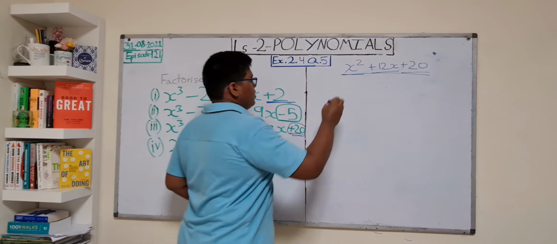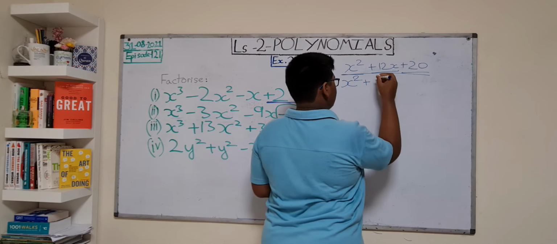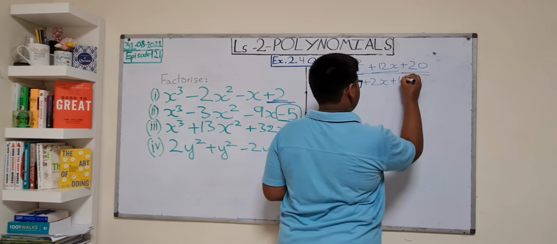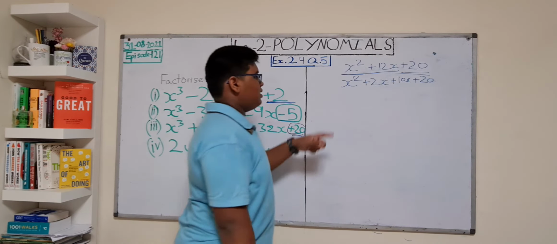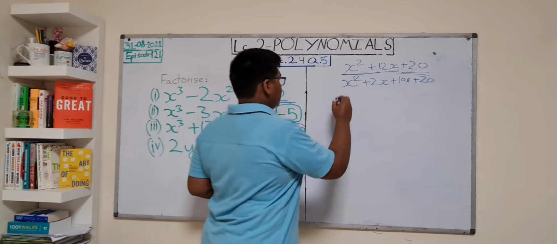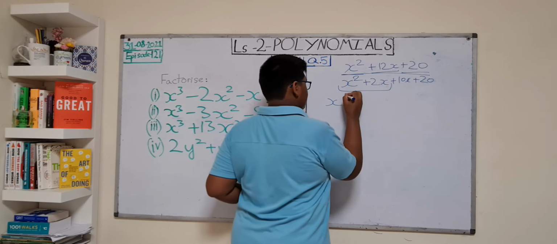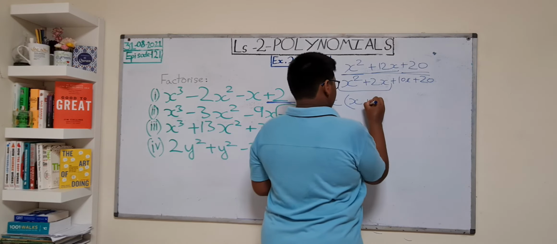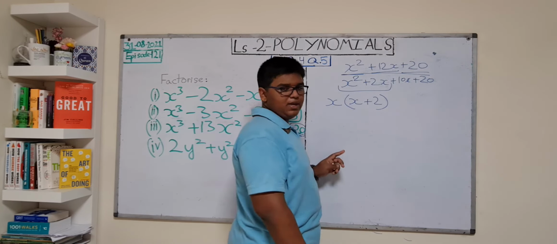Okay, now if we take x squared plus 2x plus 10x plus 20, then we get 12x, right? So if we take x as common, then one x is left over, and then plus 2, because this x will be divided, so x plus 2 will be left over.